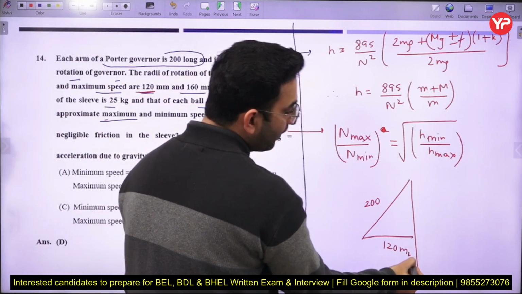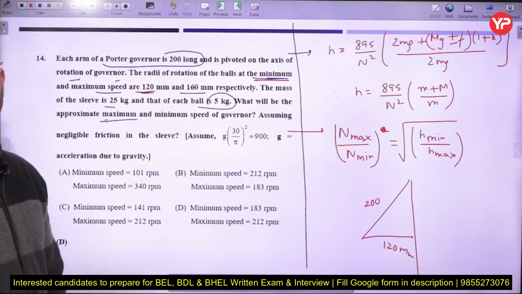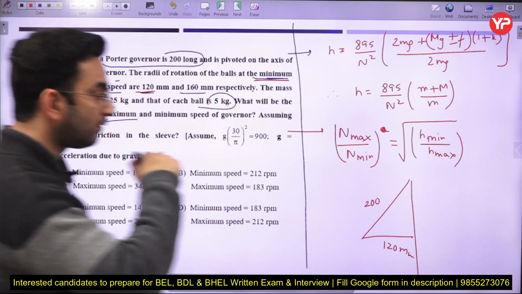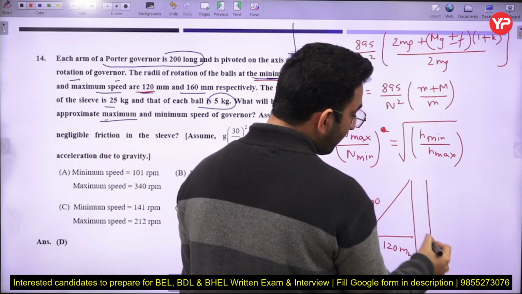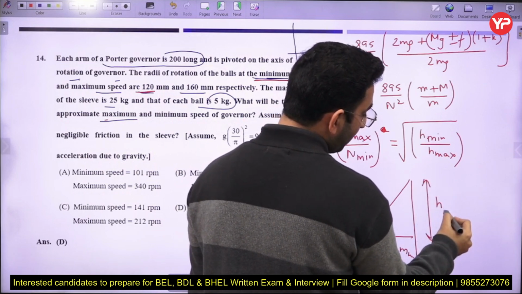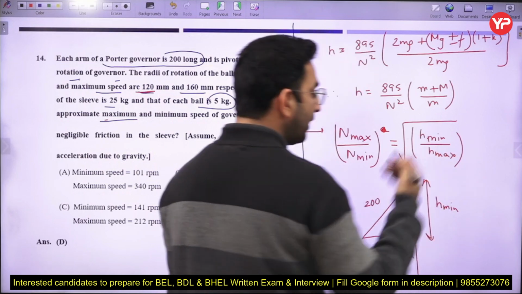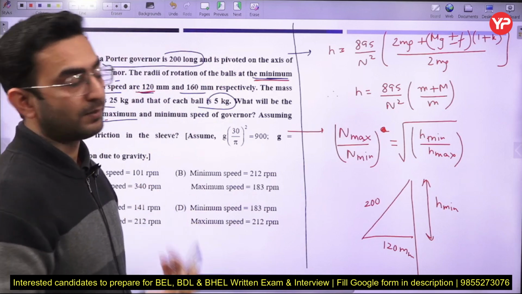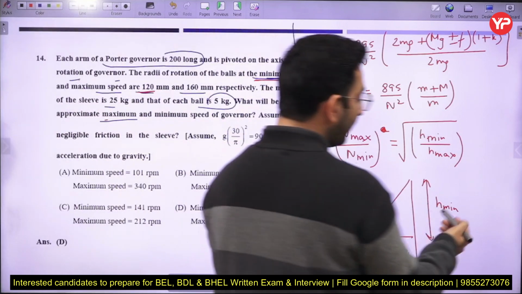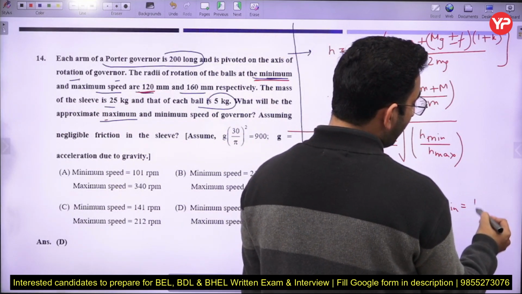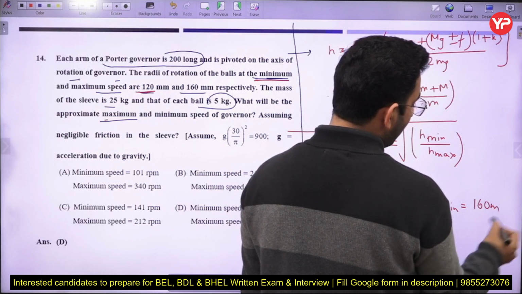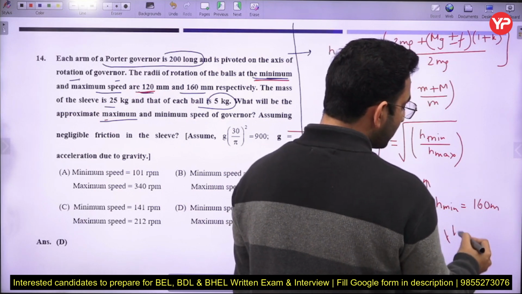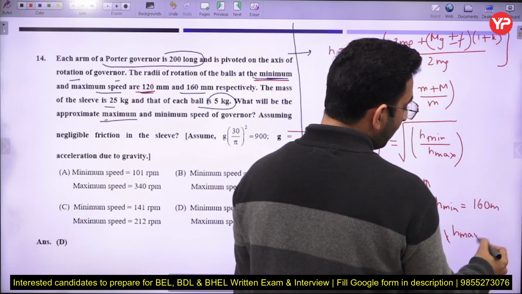So this 120 millimeter corresponds to the minimum speed of the governor. Sorry, it is not a minimum height, it is the height corresponding to minimum speed here. So if you calculate the value of h min, it will come out to be around 160 millimeter here. And similarly, the value of h max will come out to be around 120 here.